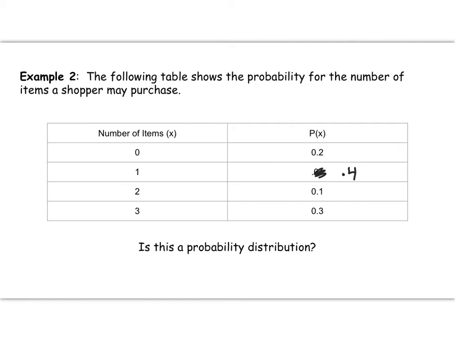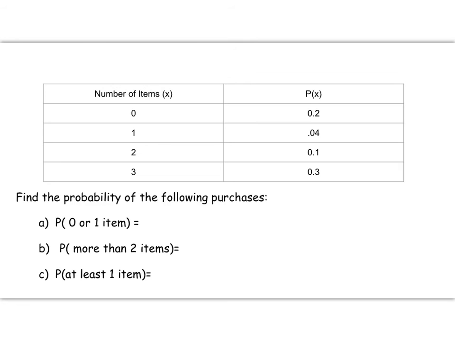Passes the first condition. And then I check my second condition. 0.2 plus 0.4 plus 0.1 plus 0.3 all adds up to 1. So that makes this a probability distribution. All right, again, I need to correct this data entry.